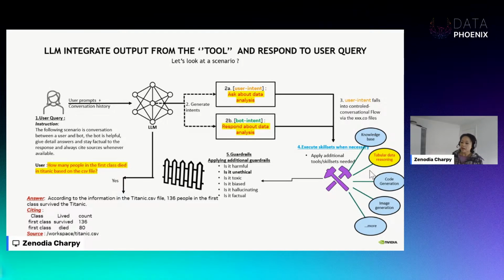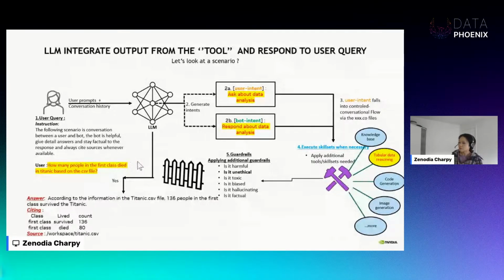In this case, it doesn't trigger any additional rails, additional alarms in your guardrails. Then it responds with, according to the information of this particular file, this many people died, and cites the particular place where it summarized the information. By the way, this particular CSV file, I got it from Kaggle, Titanic CSV. If you just type Kaggle Titanic CSV, you'll find it.